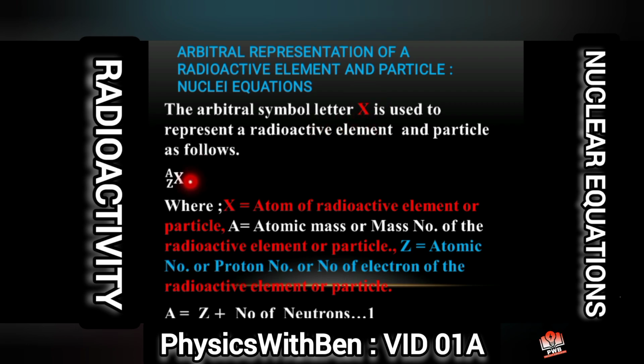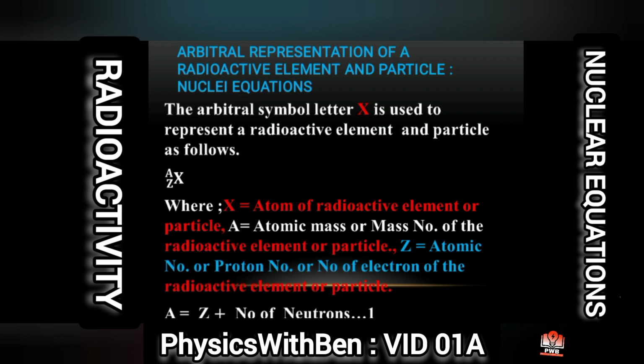So here we have X represented with a superscript A and Z subscript, where the letter X itself stands for the atom of the radioactive element or the atom of the radioactive particle.